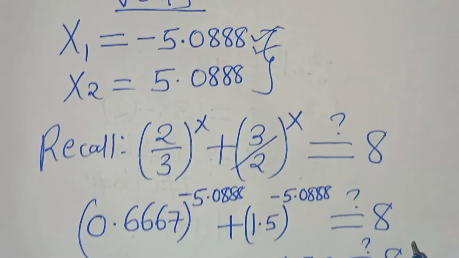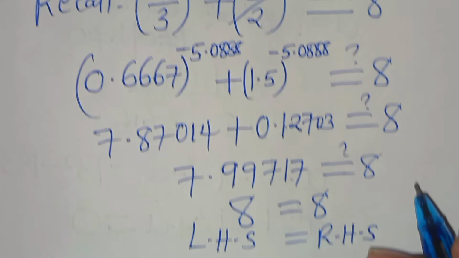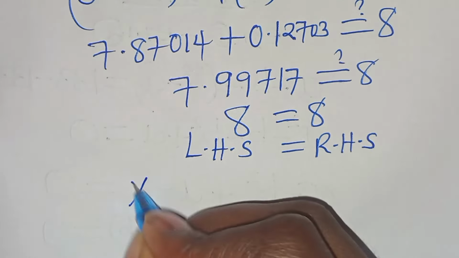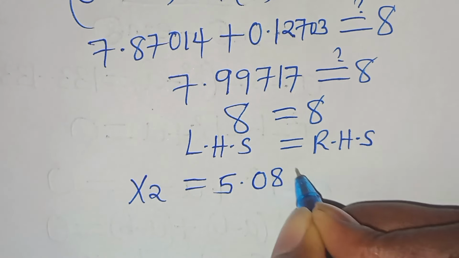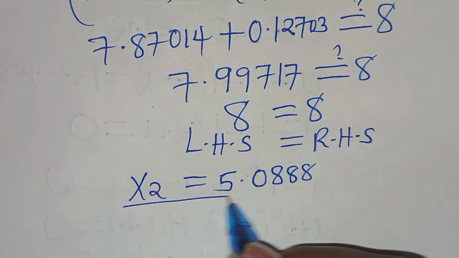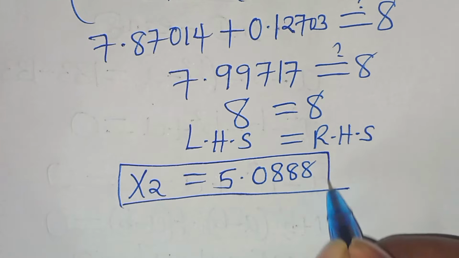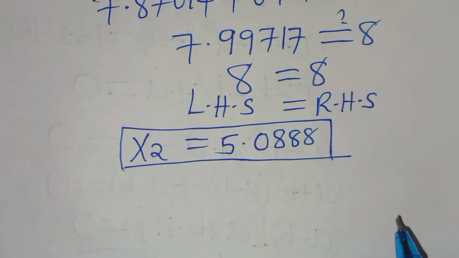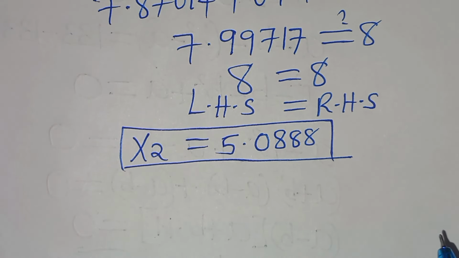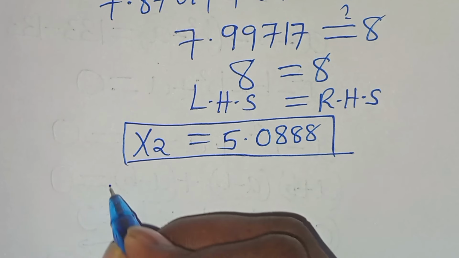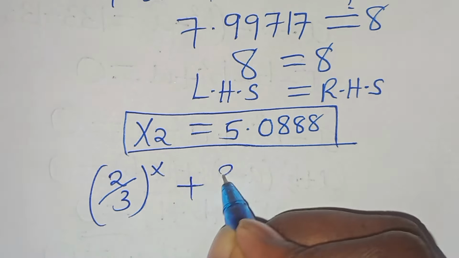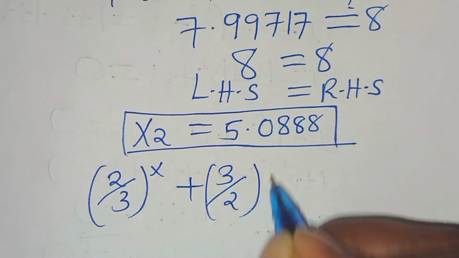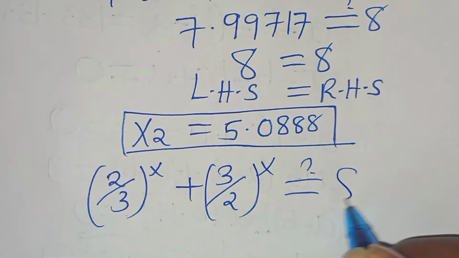satisfies the equation. So let's check x2. Remember, x2 is equal to 5.0888. Now, substituting this back to the equation, we have 2 over 3 raised to the power of x plus 3 over 2 raised to the power of x, which should give us a value of 8.